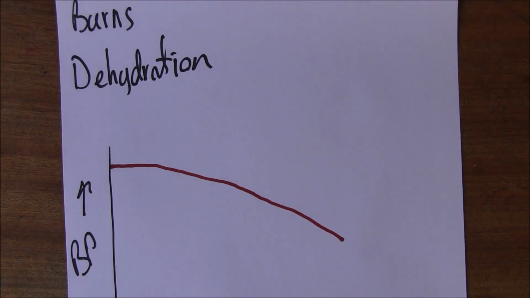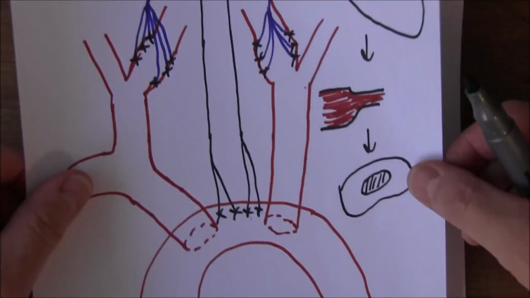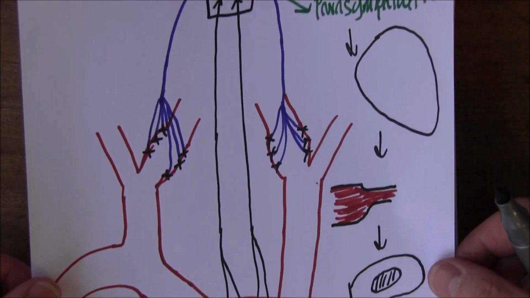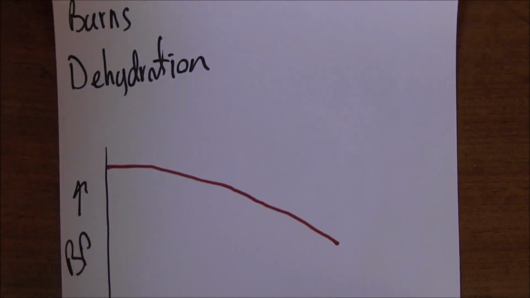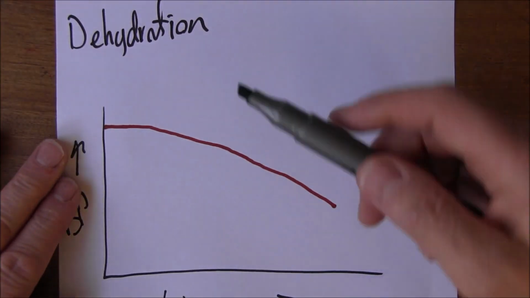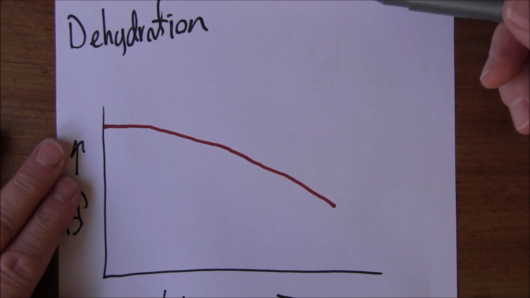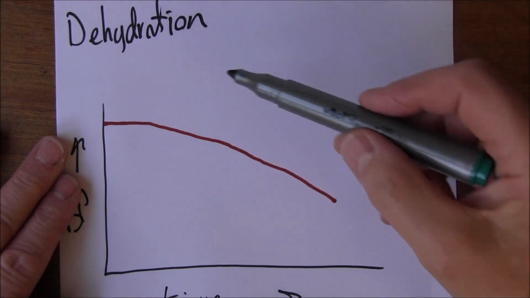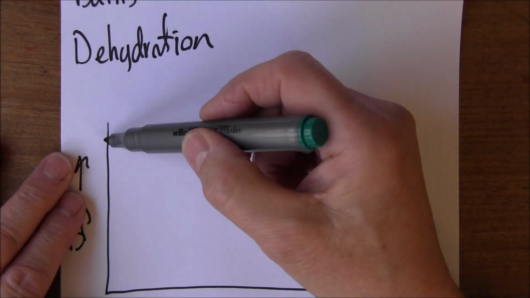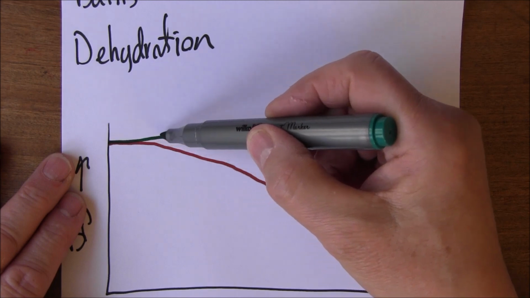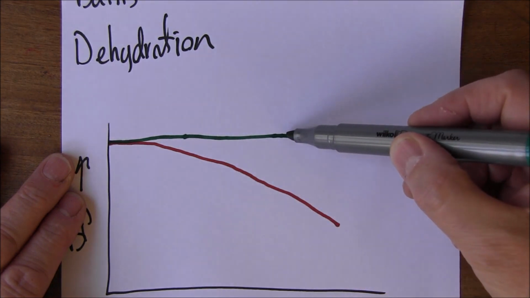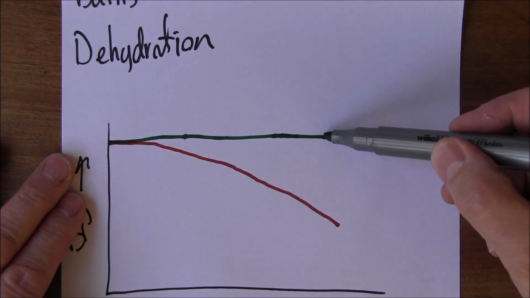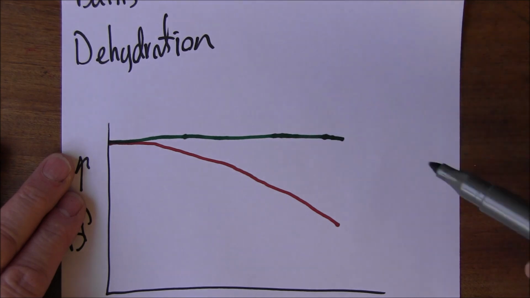But children are absolutely brilliant at this physiological compensation that we've considered. So the child's blood pressure, if they're progressively losing blood or progressively losing fluid due to dehydration, can be maintained absolutely brilliantly. They are just brilliant compensators. And the blood pressure can be basically okay.